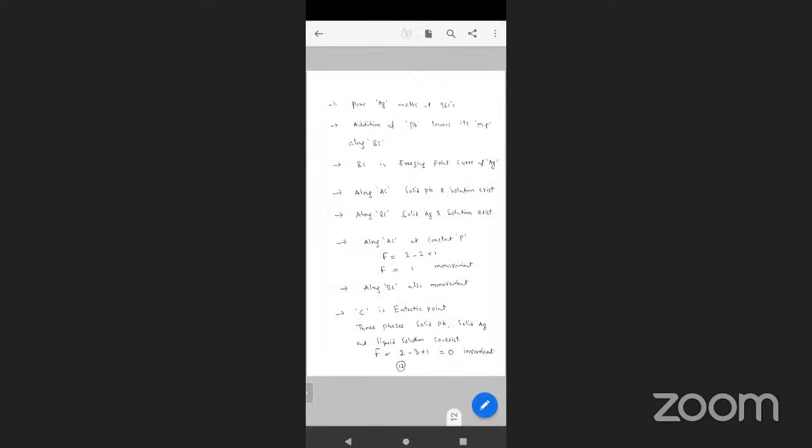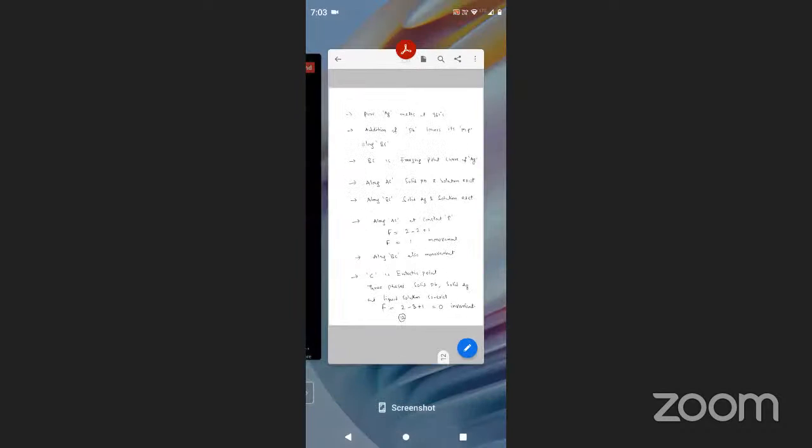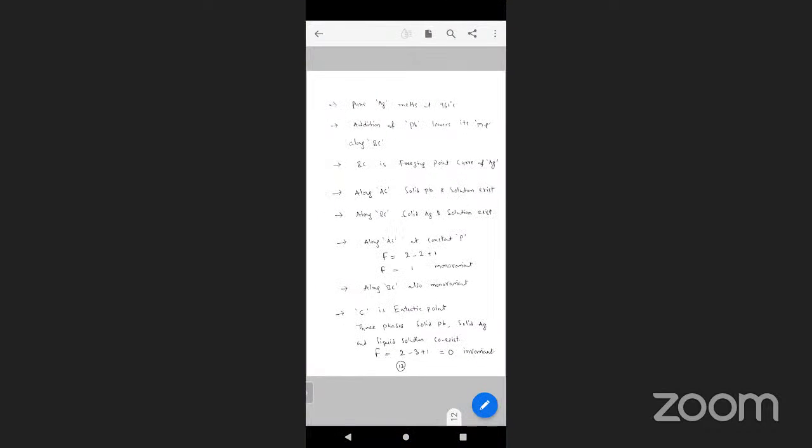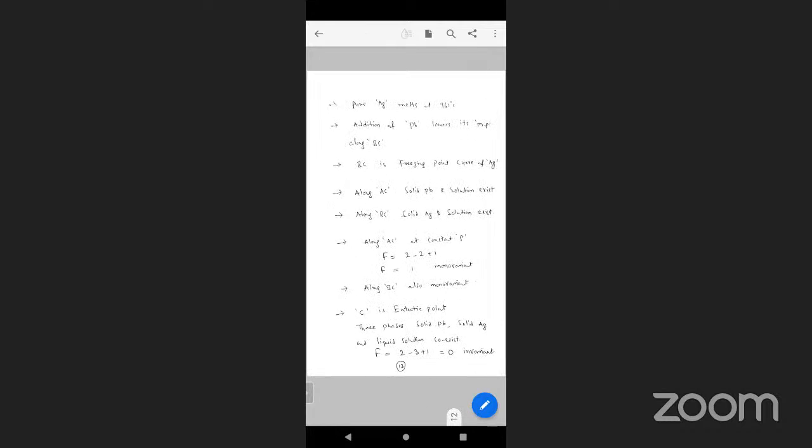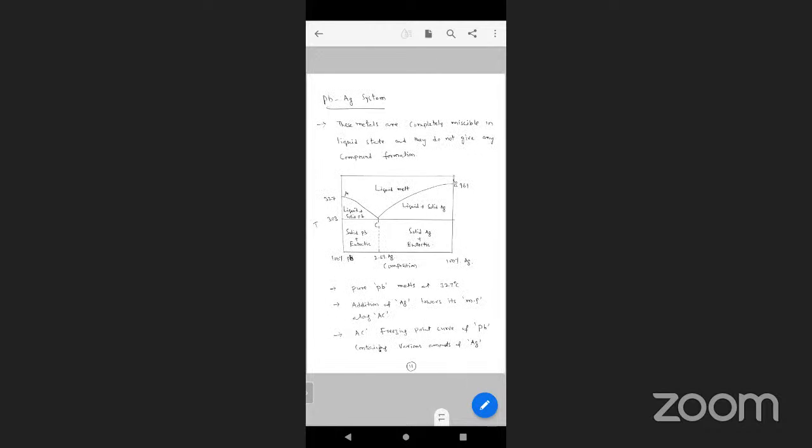And pure silver melts at 961 degrees Celsius. Now addition of lead lowers its melting point along BC.